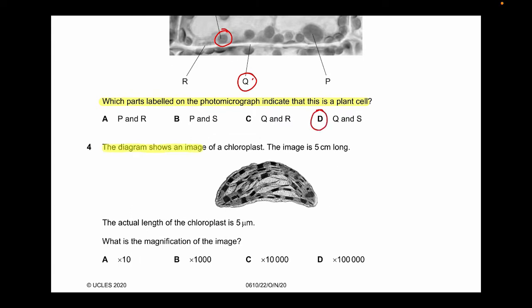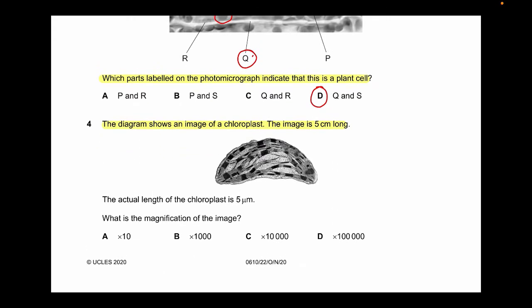The diagram shows an image of a chloroplast. The image is 5 centimeter long. The actual length of the chloroplast is 5 micrometer. What is the magnification of the image? Guys, this is a very common question. In order to find out the magnification, we'll have to write magnification is equal to image divided by actual. So the image is 5 centimeter. We need to convert it into micrometers.